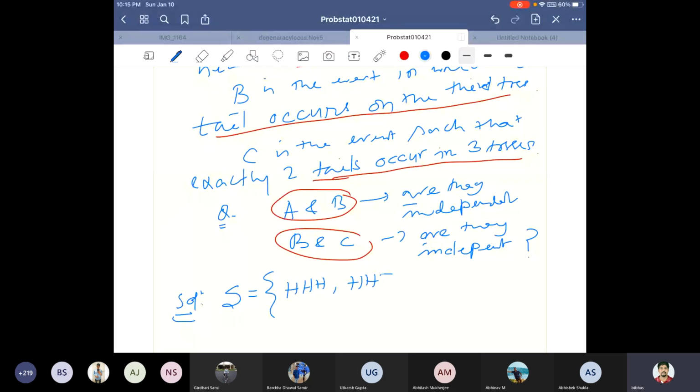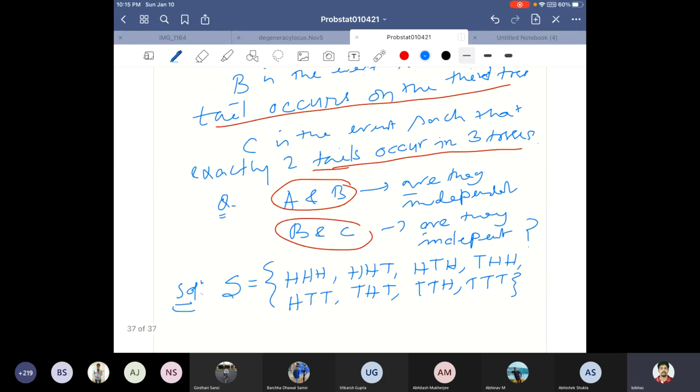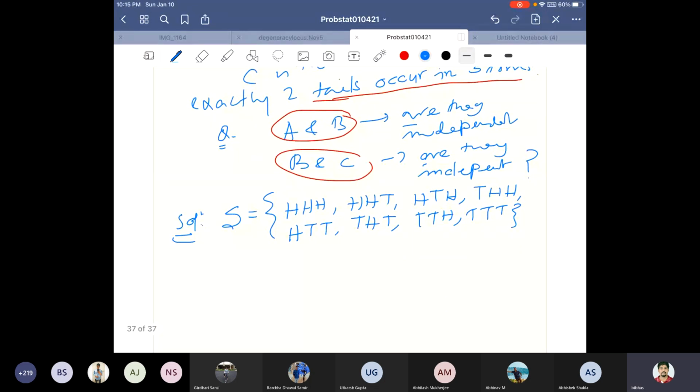You can have HHT, HTH, THH, HTT, THT, TTH, and TTT. That's 1, 2, 3, 4, 5, 6, 7, 8. This is the sample space.